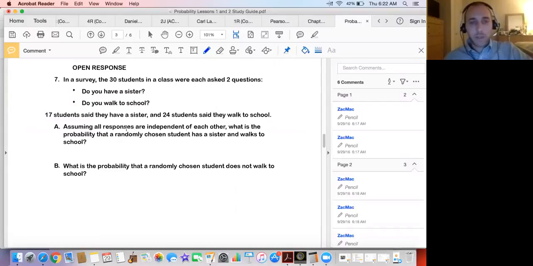Assuming all responses are independent of each other, so these questions didn't have any effect on each other, they were asked independently, they had no relationship in terms of the answer to one question affecting the answer to another question. What is the probability that a randomly chosen student has a sister and walks to school?